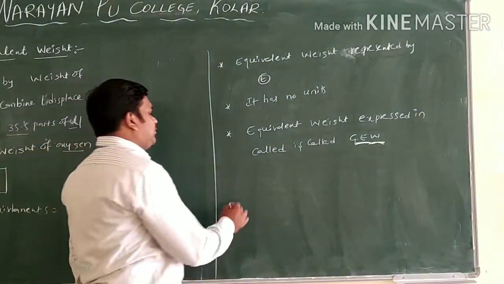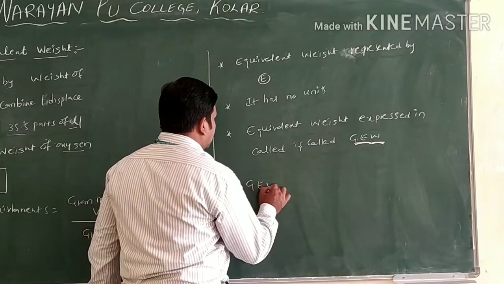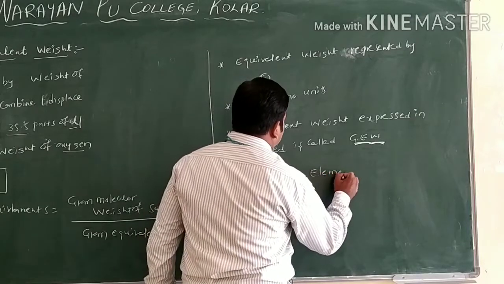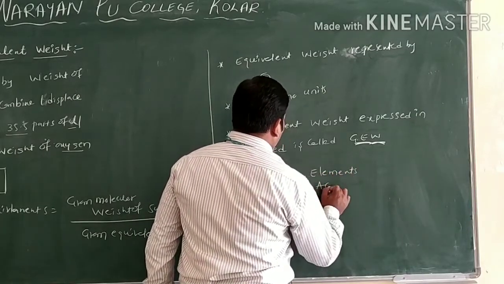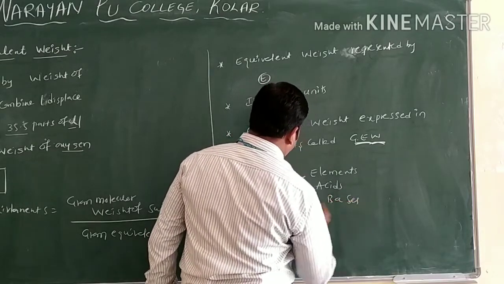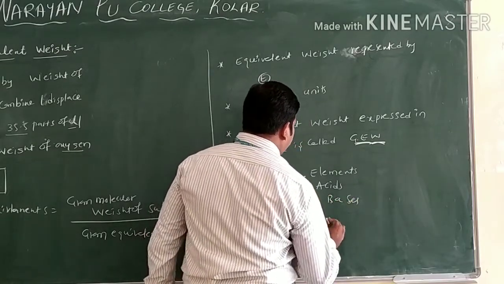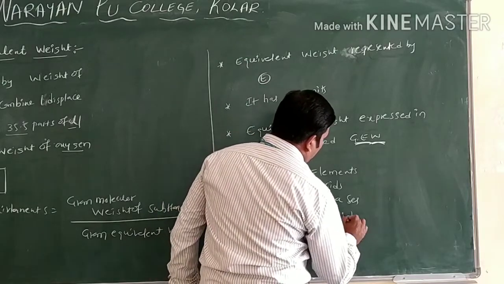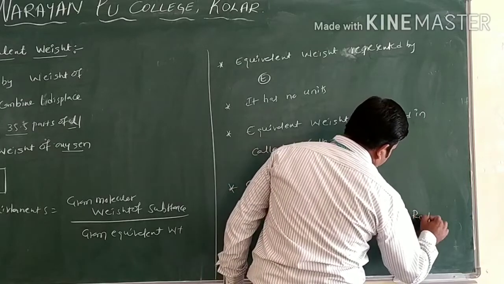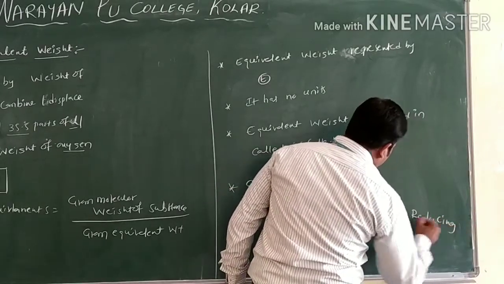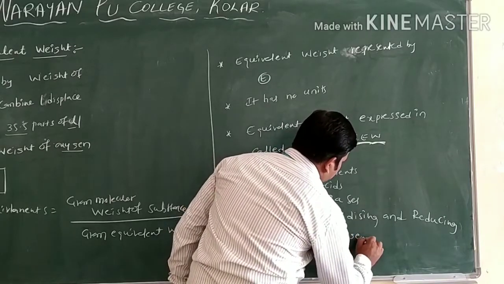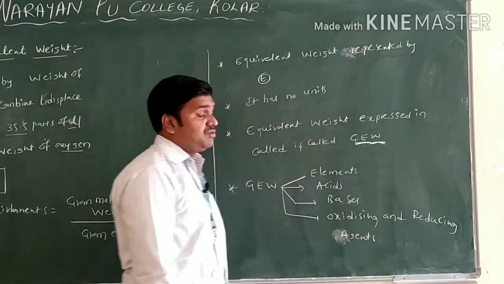So gram equivalent weight we can find out for elements, for acids, for bases, and for oxidizing and reducing agents. These are the main concepts you have to cover here.